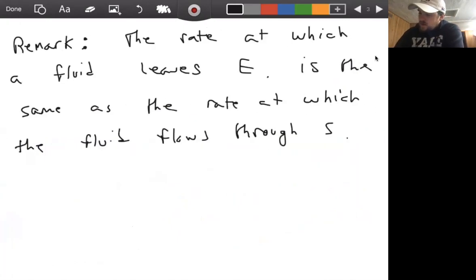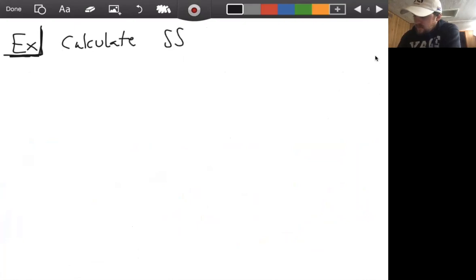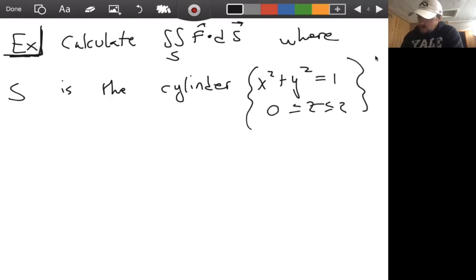So with this, let's do an example. Let's calculate the flux of a given vector field F, where the surface S we're looking at is the cylinder x squared plus y squared equals 1, and z is between 0 and 2, and F is the following vector field.